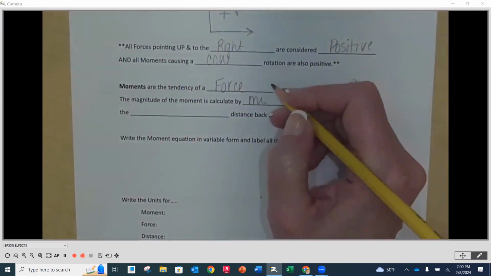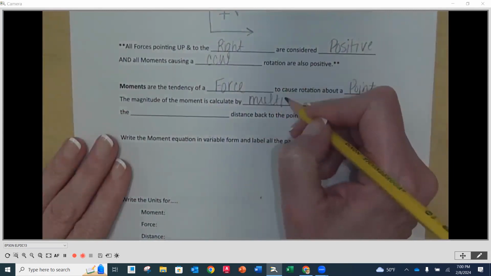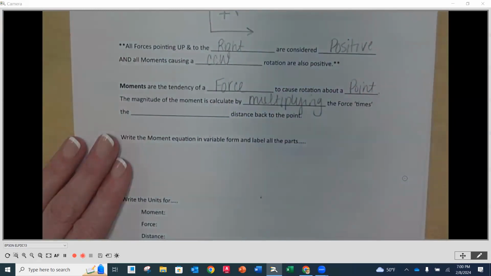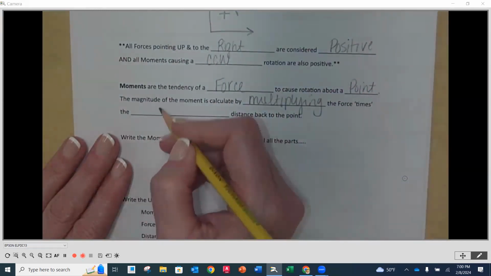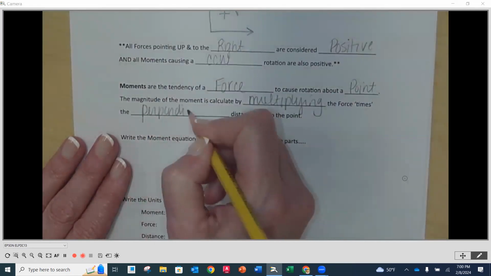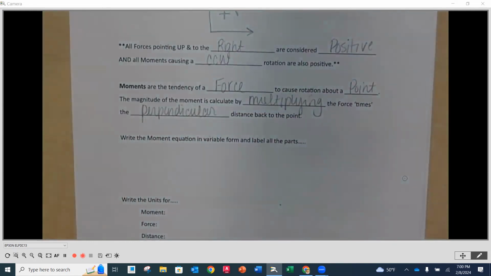I'm going to change horizontal to something else. Perpendicular, yep. Multiplying the force times the perpendicular distance. I think we've done that like 3 times now. Perpendicular.